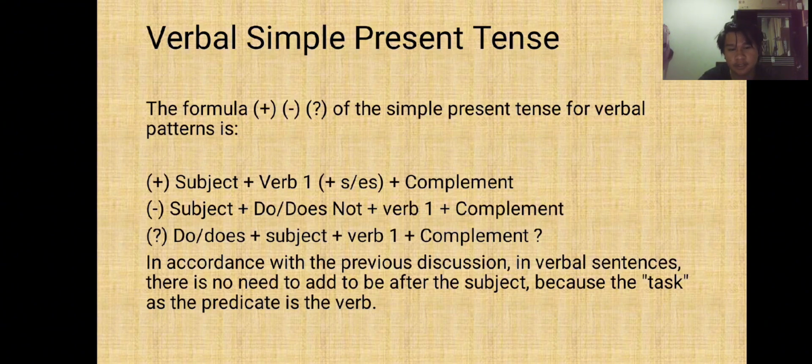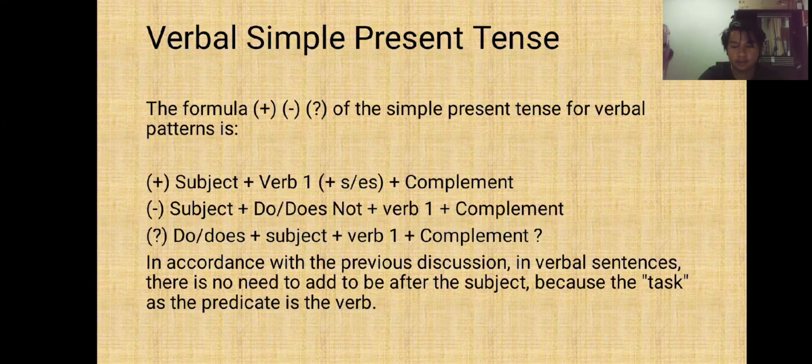The simple present tense for verbal pattern is, for a positive sentence, subject plus verb 1 plus s or es plus complement. Negative sentence, subject plus do or does not plus verb 1 plus complement.